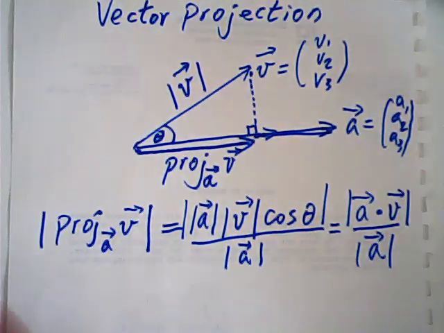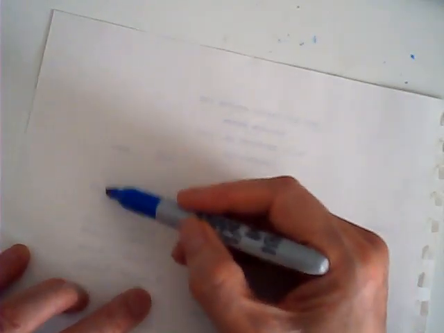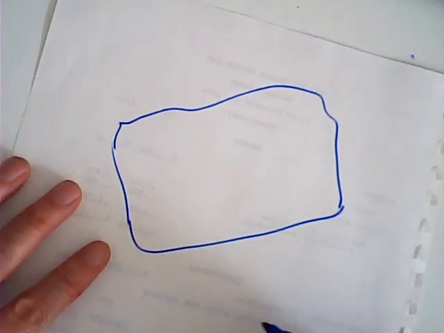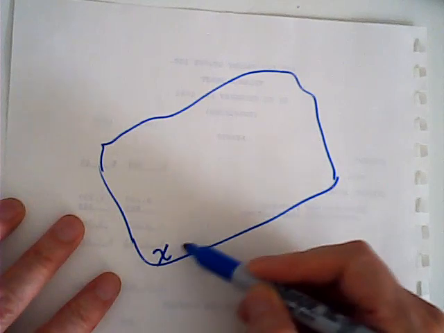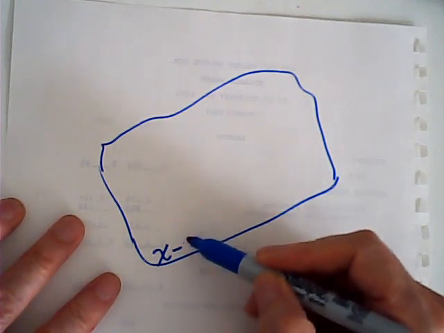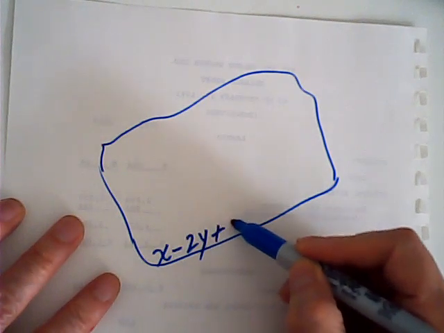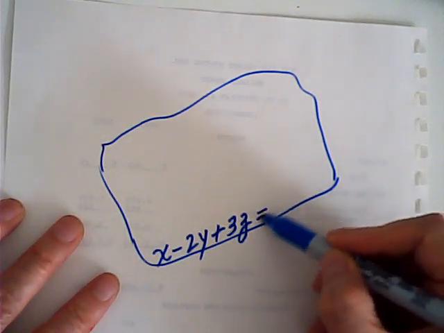Okay, let's find examples. Okay, we have a plane. This plane has the equation, for example, x minus 2y plus 3z is equal to 5.